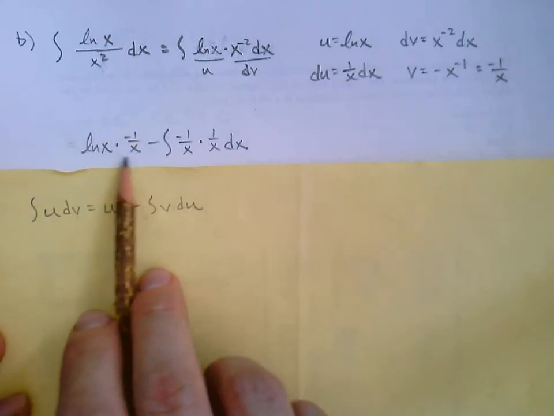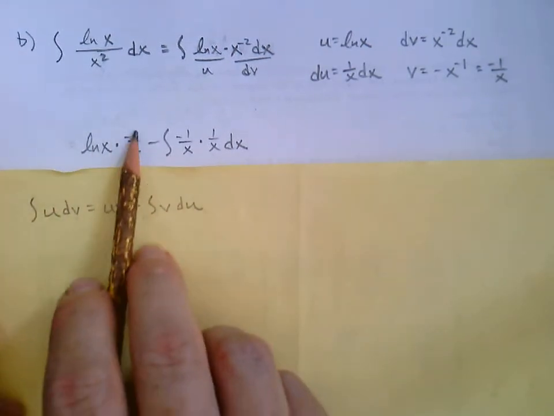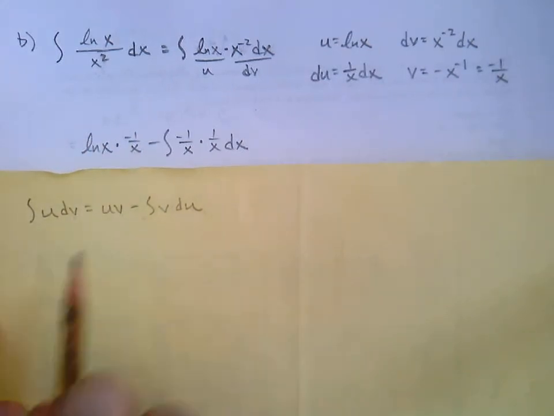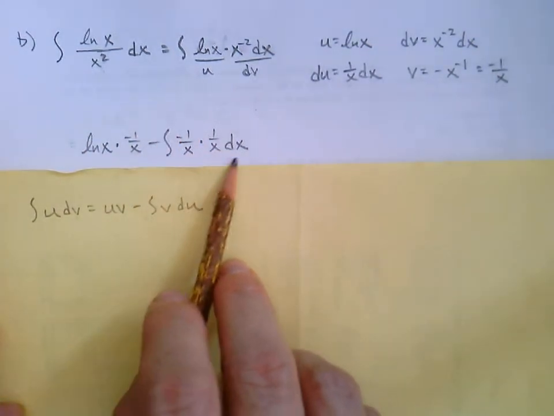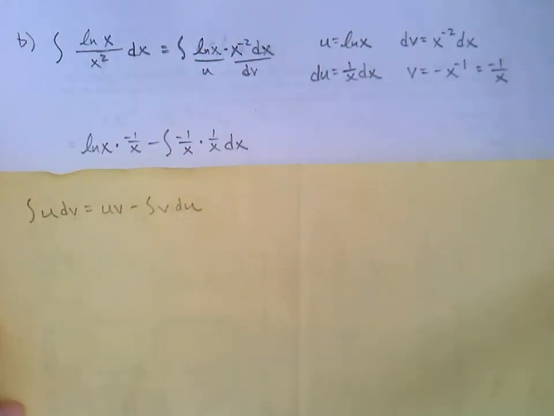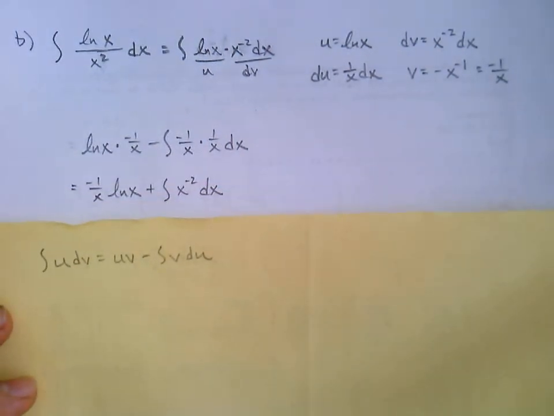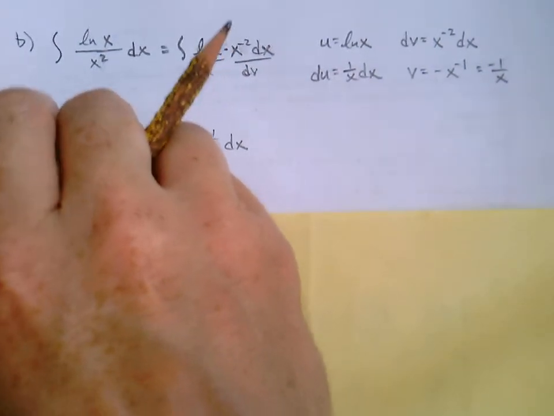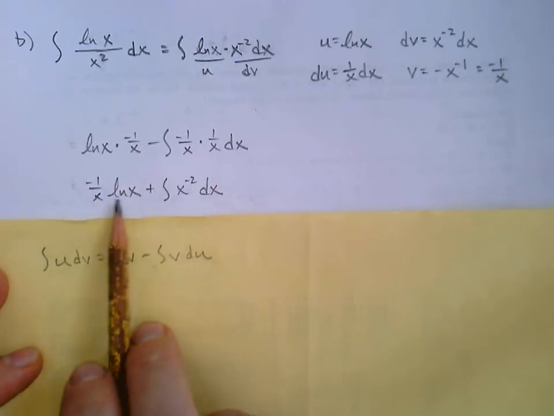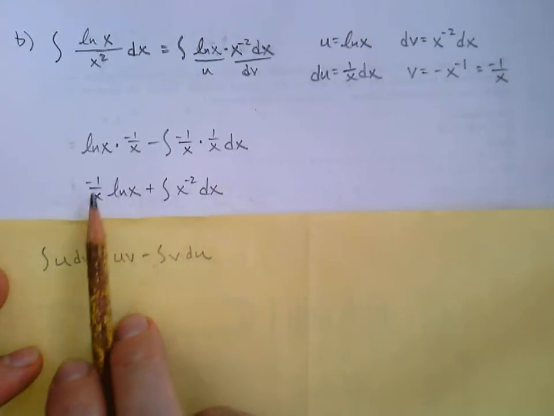So this first part, there's never going to be really much to do with this except simplify it, if you can. It's all about that new integral, and can we perform that new integral? Okay, let's simplify before we do anything else. Typically we'd put the negative 1 over x first, or maybe you could write negative natural log x over x.